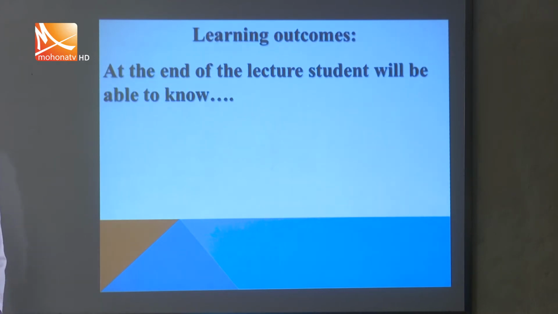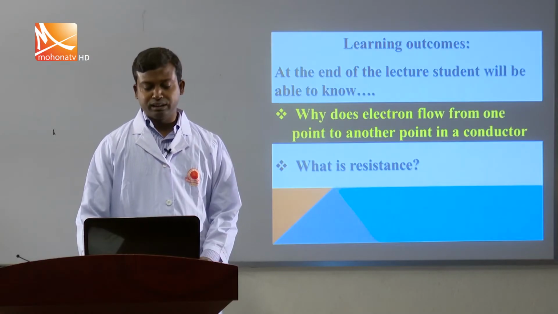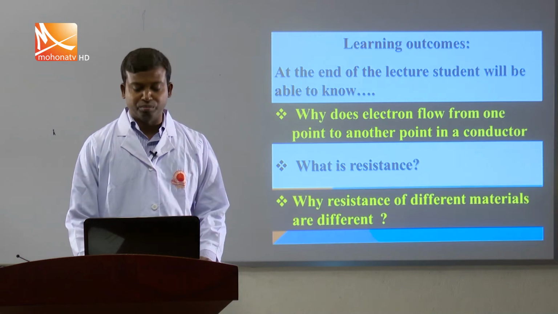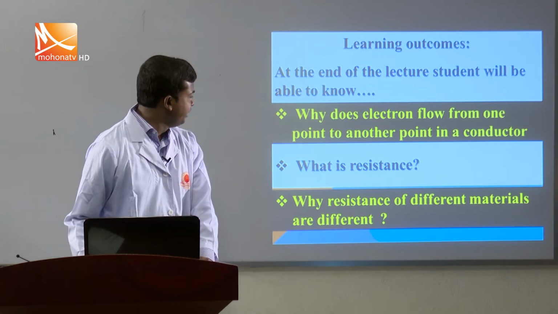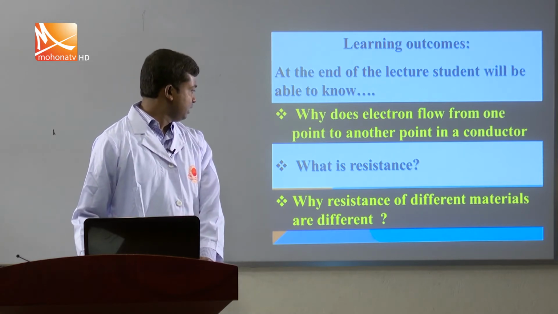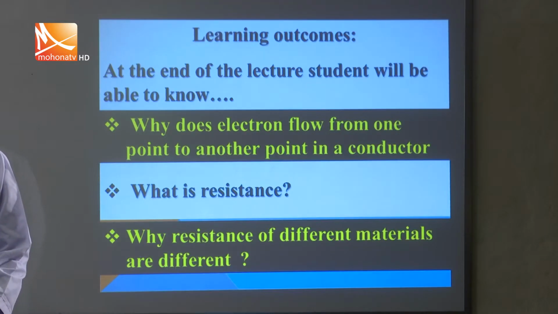At the end of the lecture, the student will be able to know why electrons flow from one point to another in a conductor, what resistance is, why the resistance of different materials is different, and what the different densities of resistance are. Finally, they will be able to solve some mathematical problems that help them prepare for the examination.